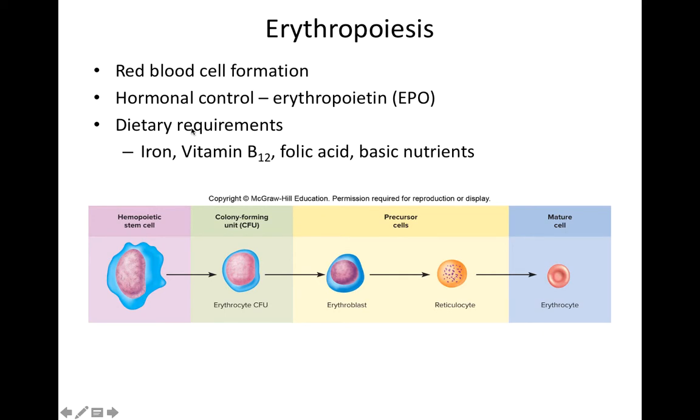We need iron, we need vitamin B12, folic acid, and just basic nutrition in order for the cells to make their way through this process from a stem cell to a mature erythrocyte. So you can see that the nucleus does exist for a period of time, and then eventually it fragments, it gets sent out, and we end up with that mature anucleate red blood cell.